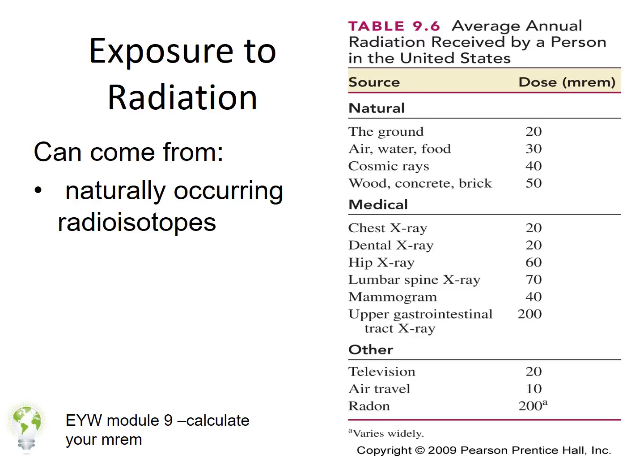Water, food can have radiation in it, radioactive isotopes in it. Cosmic rays from space, wood, concrete, brick. So the stuff our houses are made of are giving off radiation. In fact, concrete and brick can give off more than if you lived in a wood house. You're actually getting more radiation because the brick is made from clay from the ground, which has radioactive isotopes in it.